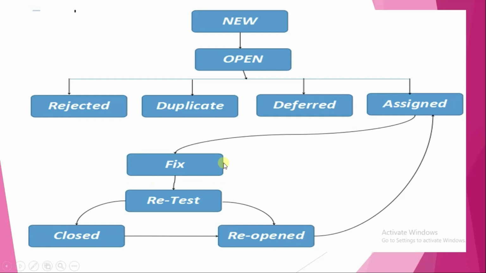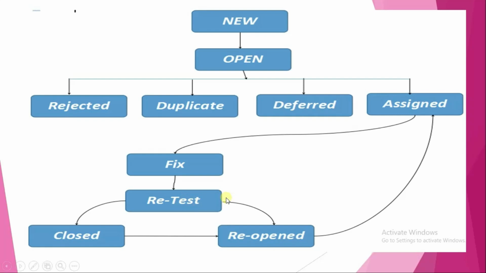After fixing this issue, the tester will retest it and there are two scenarios: closed, because if the fixed issue is completely and successfully fixed by the developer, then the tester retests it and maintains the status as closed.